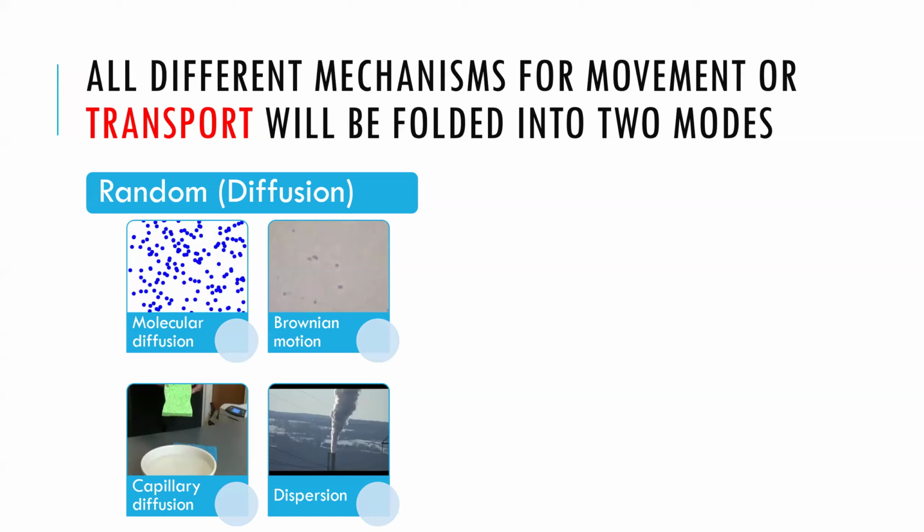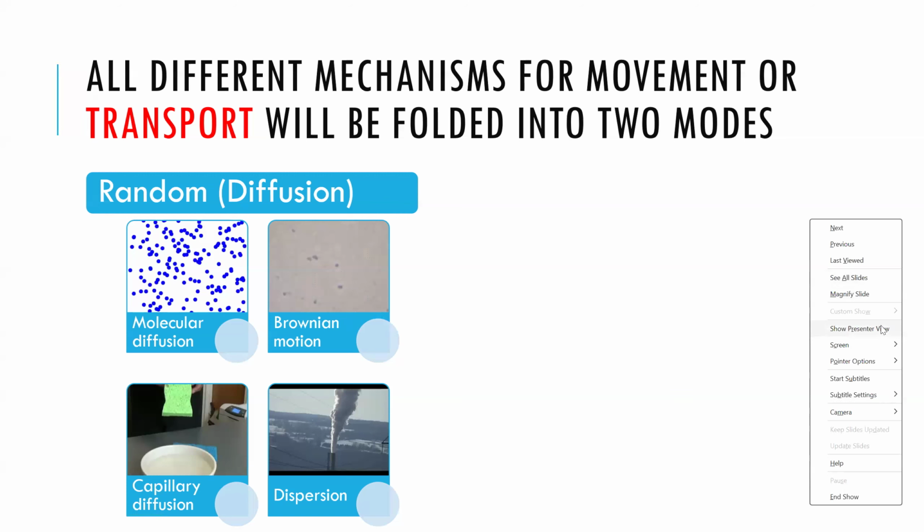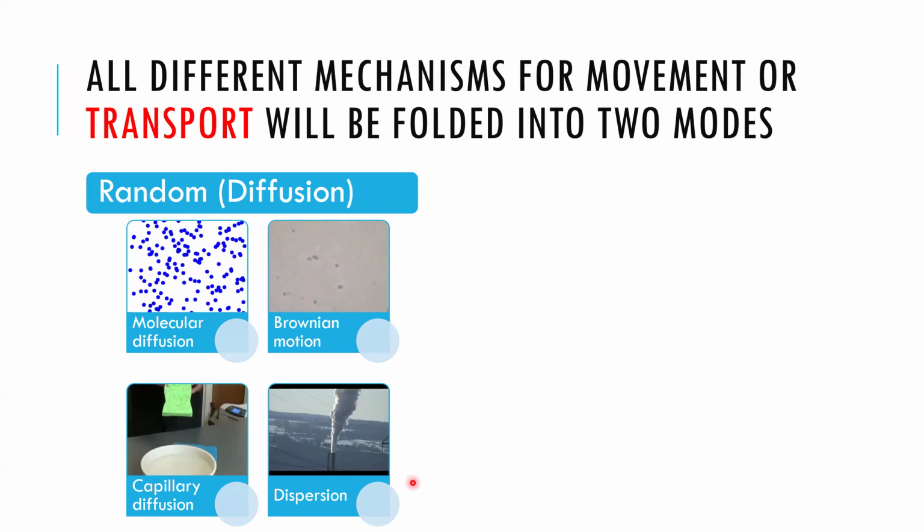I want to describe all of these very different processes, molecular diffusion, Brownian motion, capillary dispersion, by one formula, because they share the same kind of physics, even though they're in different contexts. So the actual numbers would be different, but they share. So that is the random type of movement.